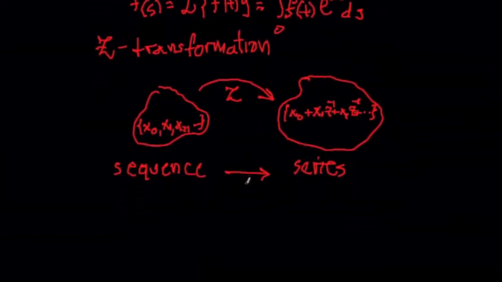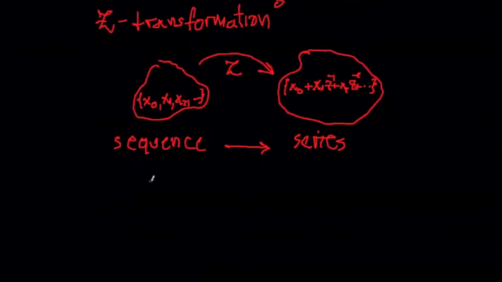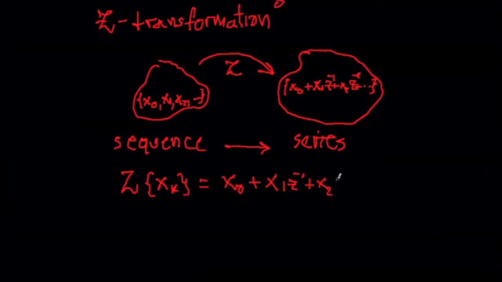This is the essence, and this is how one can easily understand what happens. If I have just a sequence of numbers x k, and we apply the Z-transform to this sequence, we generate a series out of these numbers by summing the first term in the sequence with the second term, which is x1 multiplied by z minus 1, plus x2 multiplied by z minus 2, plus and so on.